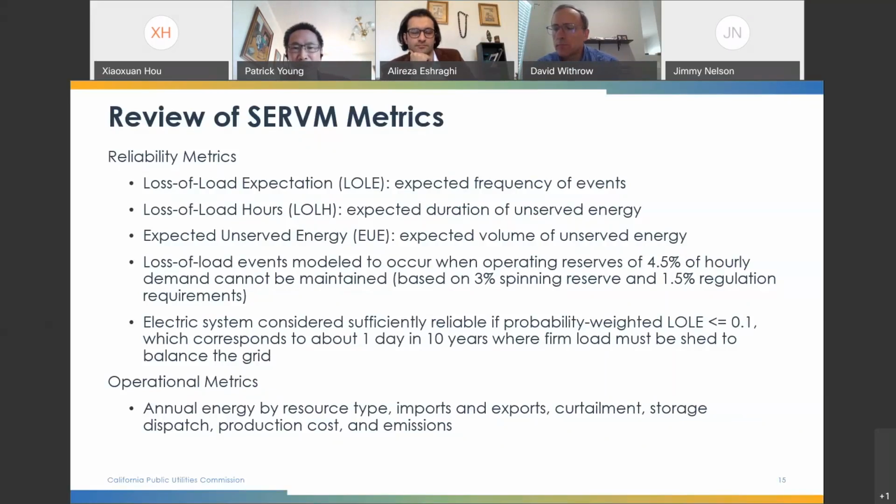SERVM also outputs a number of operational metrics. And so we're going to report annual energy by resource type, imports and exports, curtailment, storage, storage dispatch, production costs, and emissions.